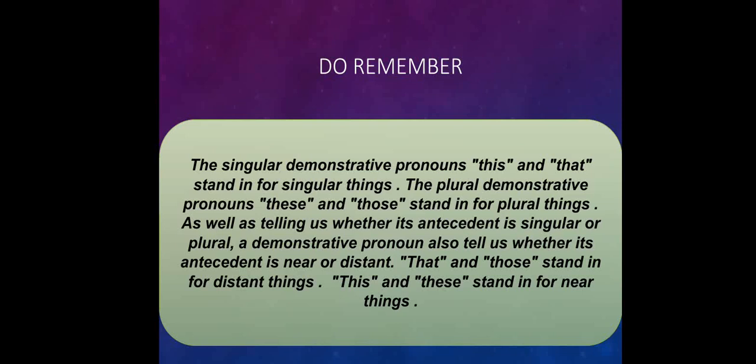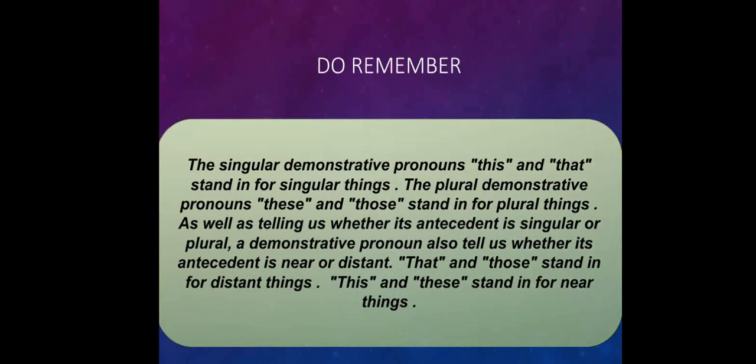That and those stand for distant things, यानी दूर की चीज़ों के इशारा करने के लिए हम that और those का इस्तेमाल करते हैं. This and these stand in for near things, ये करीब के लिए. अब this and that singular के लिए and these and those जमा के लिए, plural के लिए. So ये point आपके जहन में होना चाहिए.